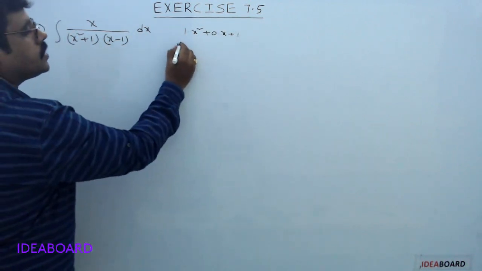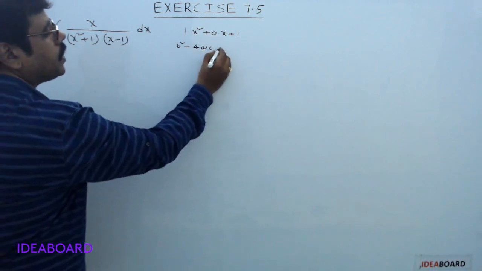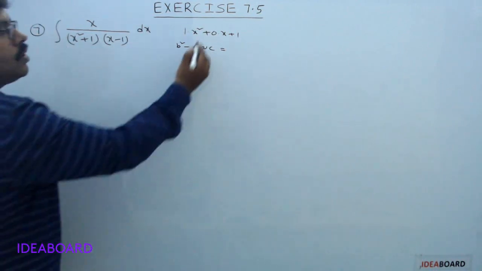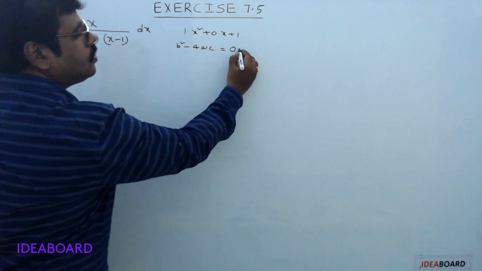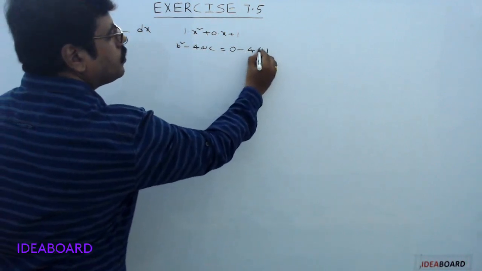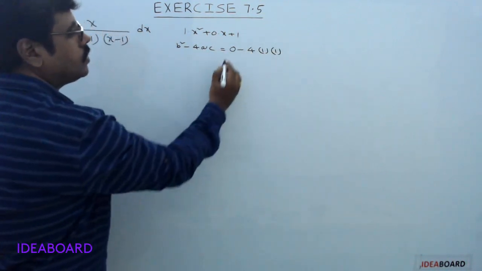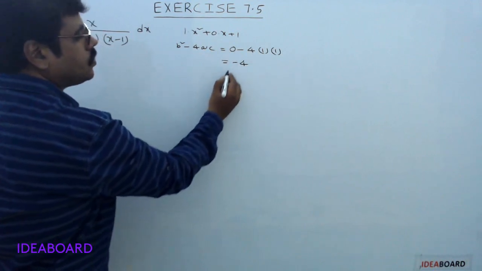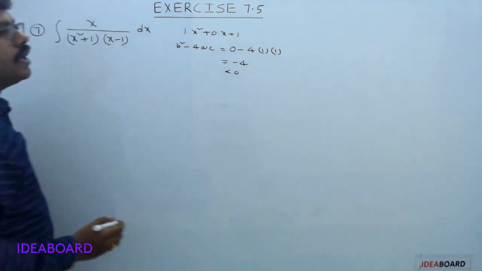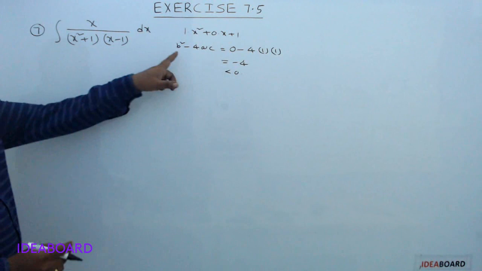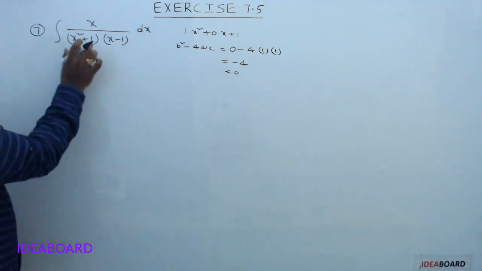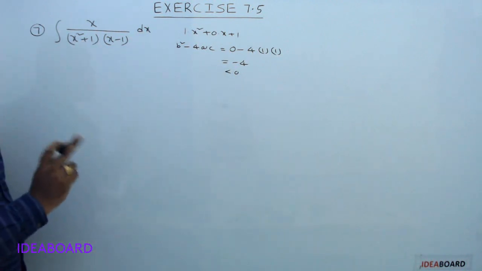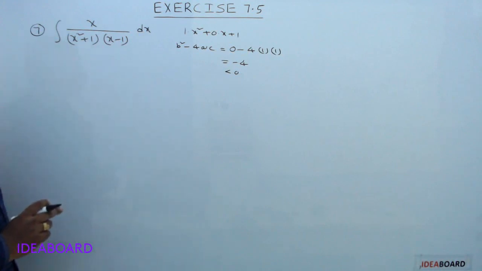The discriminant is b square minus 4ac, which is 0 square minus 4 into 1 into 1, that is minus 4. It is less than 0. A negative discriminant value means it is called an irreducible quadratic factor.